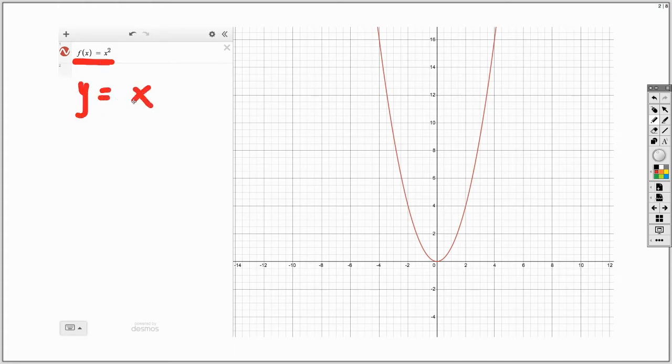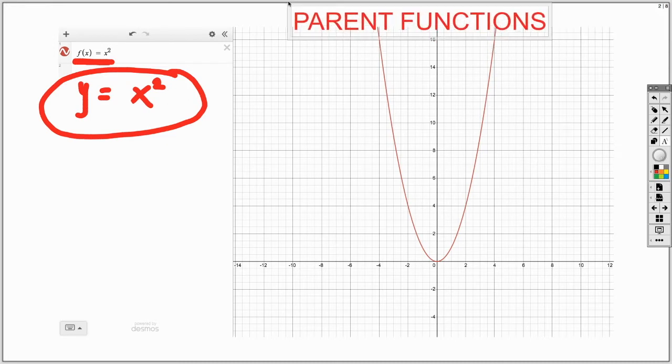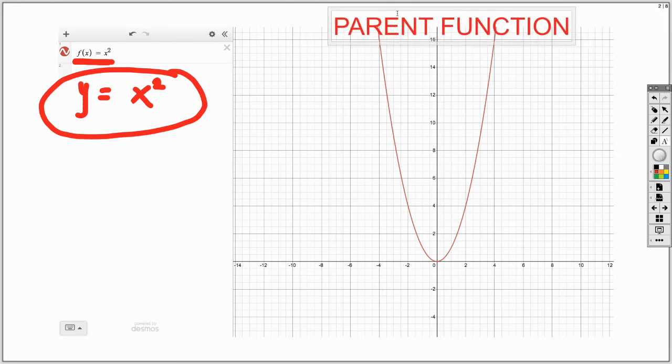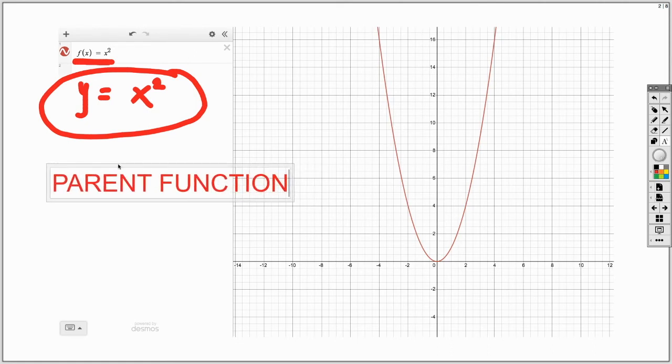So y equals x to the power of 2 is our parent function. Meaning that yes, the graphs will change, but this is the template, the original, which it sticks to, and whatever is changed will be changed after this.